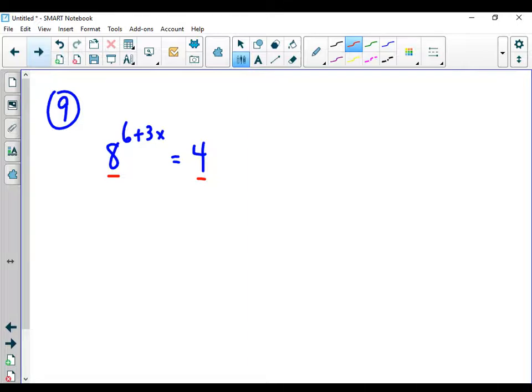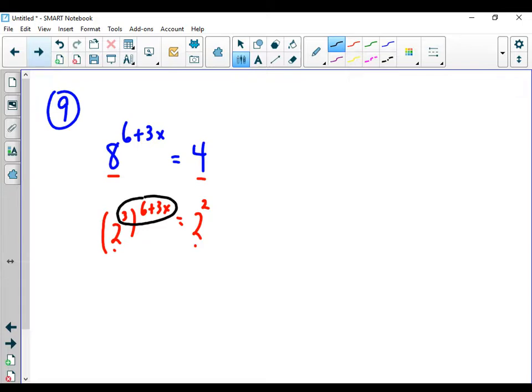So I can make 8 really 2 to the 3rd power. I can make 4 2 to the 2nd power. Well, this makes my life easier because now the base is 2 on both sides. So if I just focus on the exponents, I should be able to solve for x.